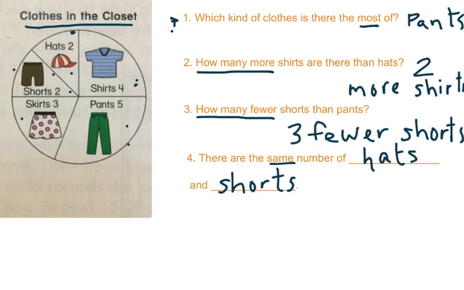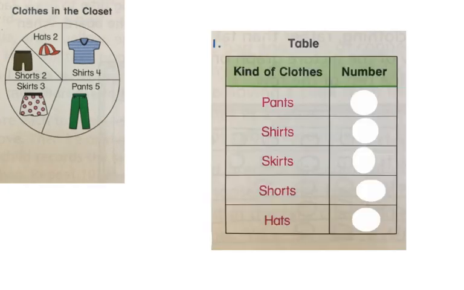Next, we're going to use a circle graph to make it into some new things. The next thing we're going to use our circle graphs for is we're going to take the circle graph and all of the numbers and information we have in there, and we're going to make it into a table. Now this is what a table looks like. Not the kind of table you eat off of.